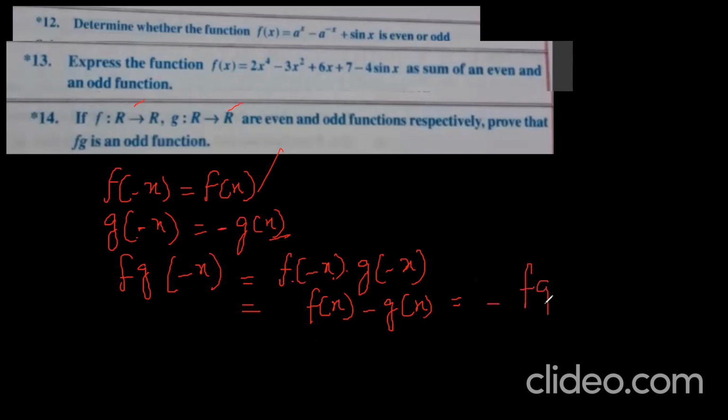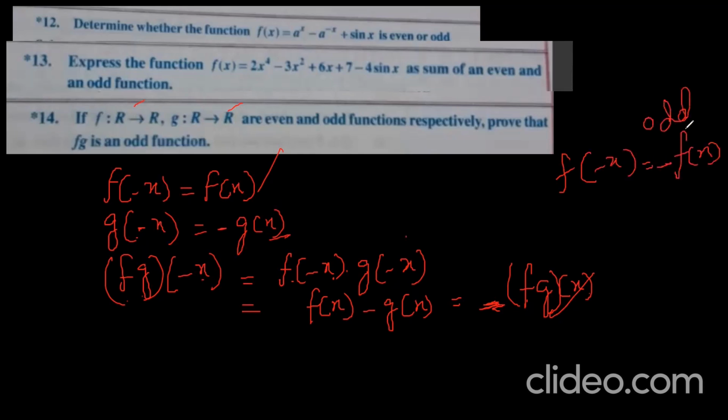Minus fg of x. Fg of minus x is going to be minus fg of x. So it is an odd function. That is, if f of minus x is equal to minus f of x, then it is an odd function. Don't confuse; before I said it in a different way. If f of minus x is equal to f of x, it is going to be an even function. Got it? Very good.